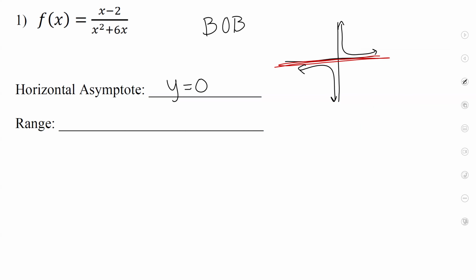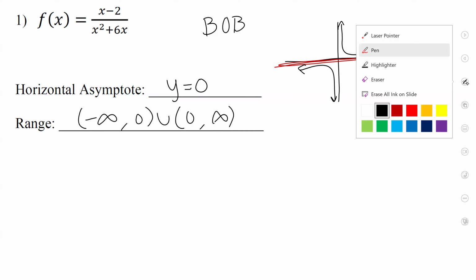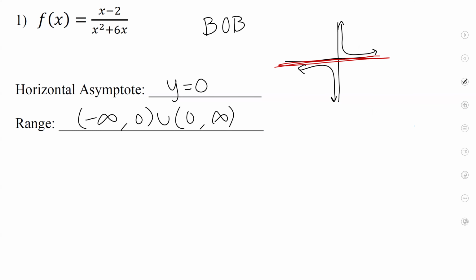Okay. Your range will always follow this format. It will always be this. The reason why, let's start at the bottom part. You see how it's going down to negative infinity? So we have negative infinity. Follow the line, it goes up to the asymptote.